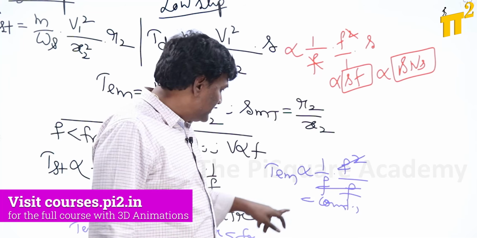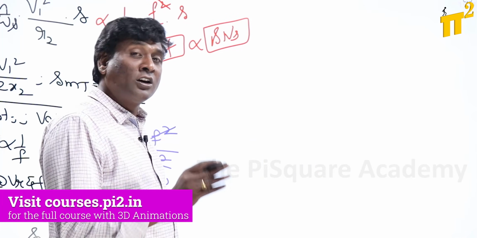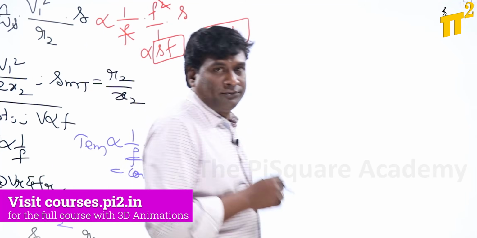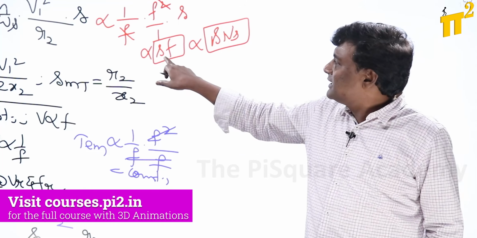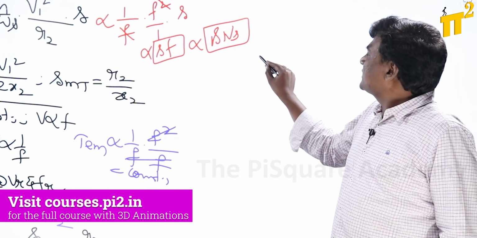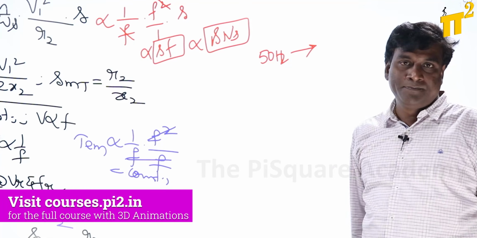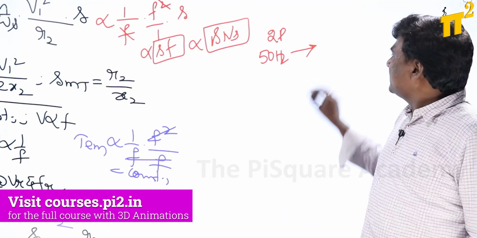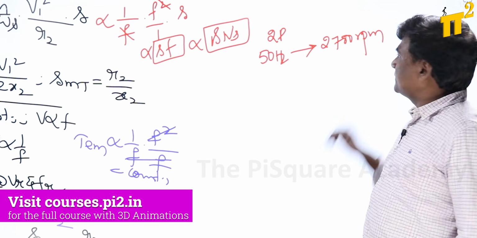For example, in order to maintain the constant torque requirement of the load, if frequency is reduced to half, such that my slip frequency should be constant. For example, maybe at starting when you supply 50 Hz, to a two pole machine, my rotor is rotating with 2700 RPM.